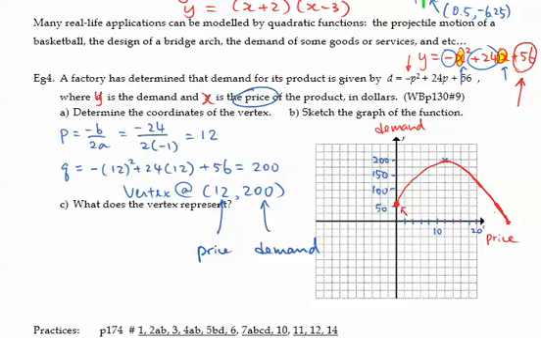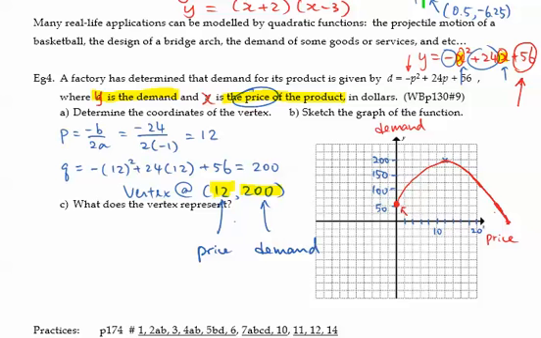So in this case, I can now read this vertex as: when the price of the product is $12, the demand of this product would then be 200. That would be what it means for the vertex.